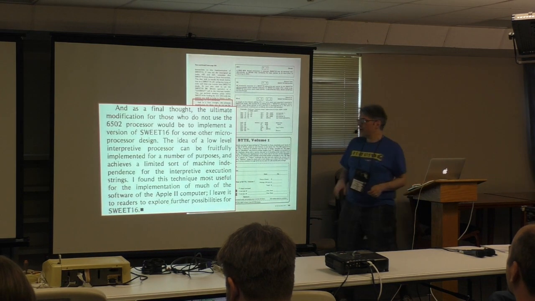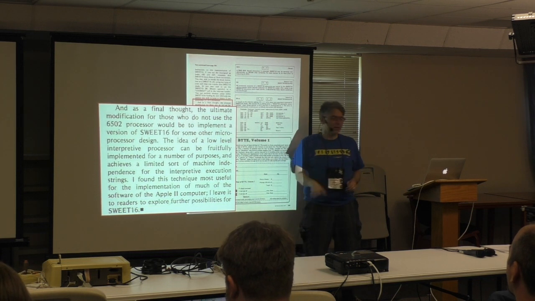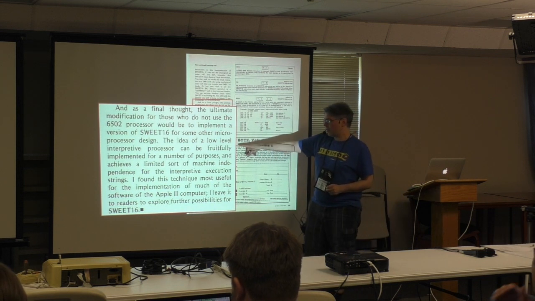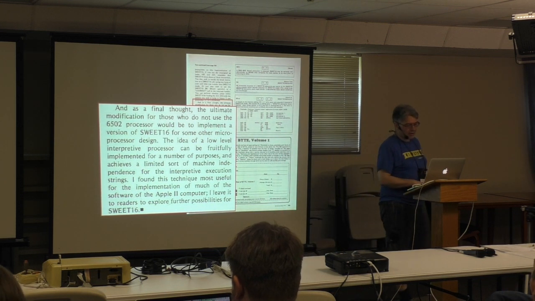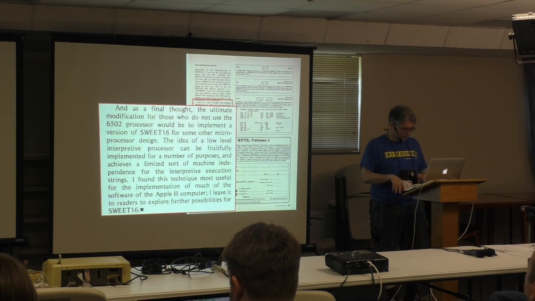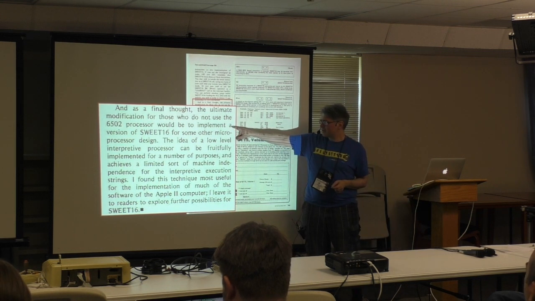Oh yeah, okay. So he ends this by saying, as a final thought, the ultimate modification for those who want to do this is to actually make a processor that can do this. So a low-level interpretive processor. Well, that's what I thought he said, actually. That's the way I read this.